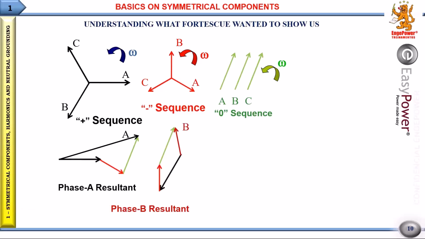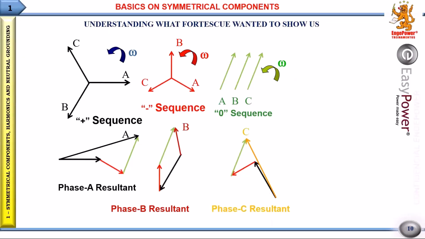Doing the same for phase C, we take the phase C phasors of positive sequence, negative sequence, and zero sequence. The resultant for phase C is this one. So this is the resultant phasor for phase C.